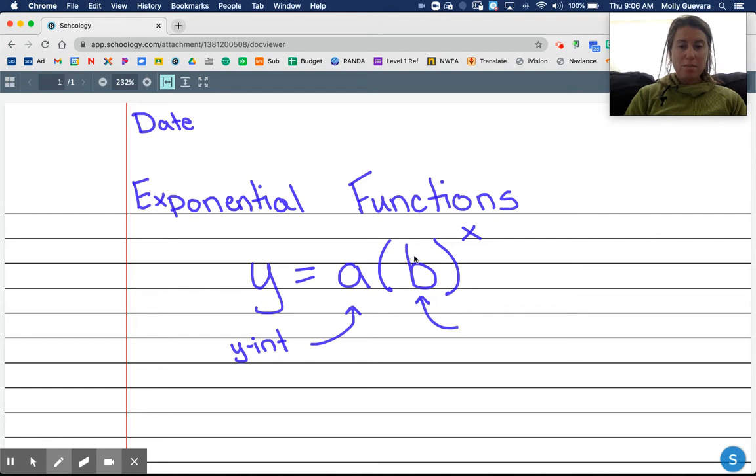B is the base of my exponent, and that is my multiplier. That means that is what I'm multiplying by every single time.